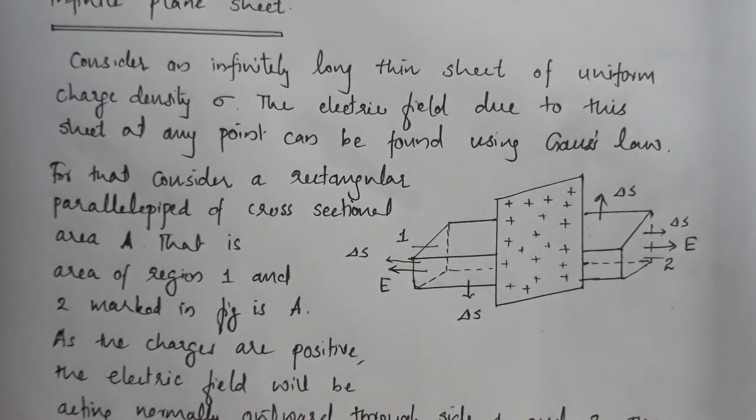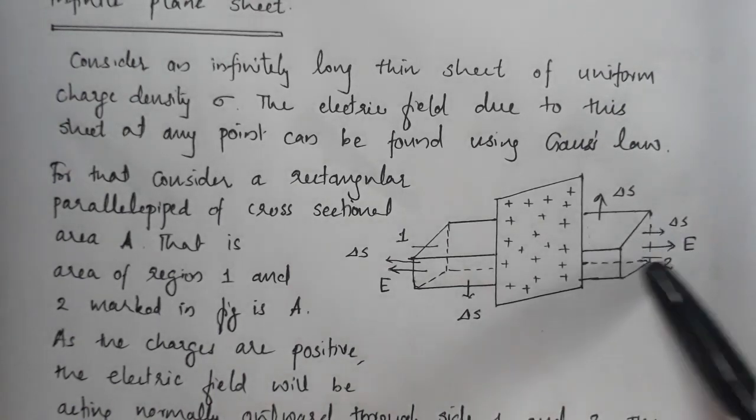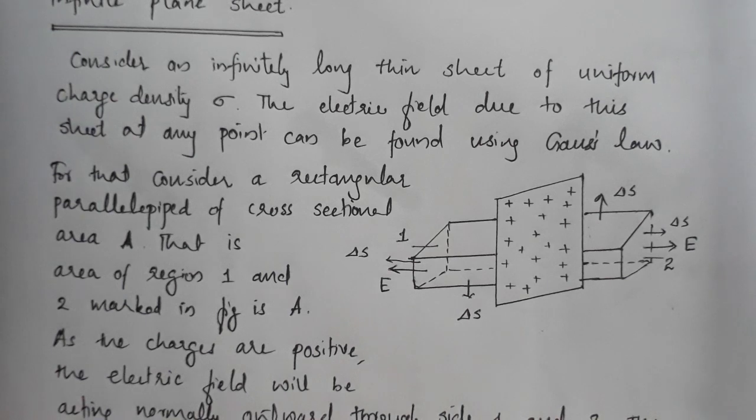So for that we have to consider a Gaussian surface. You can consider a rectangular parallelopiped as shown in figure as the Gaussian surface. We can imagine even a cylinder, doesn't matter, you can go with a cylinder also.